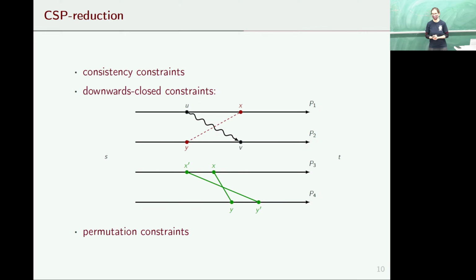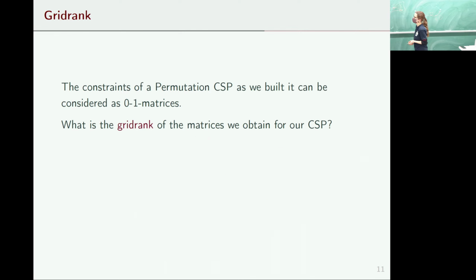And now I want to make sure that whenever I choose a vertex on both paths, it is the same, and I want to represent this in my CSP. So I get constraints that span, I cannot draw them because they are between different pairs, but I get constraints between these. And these are the ones that make it complicated.